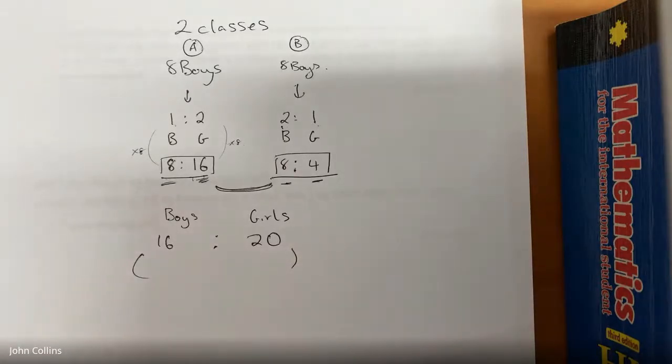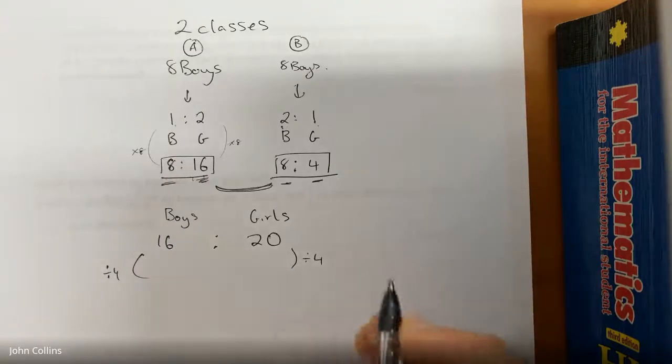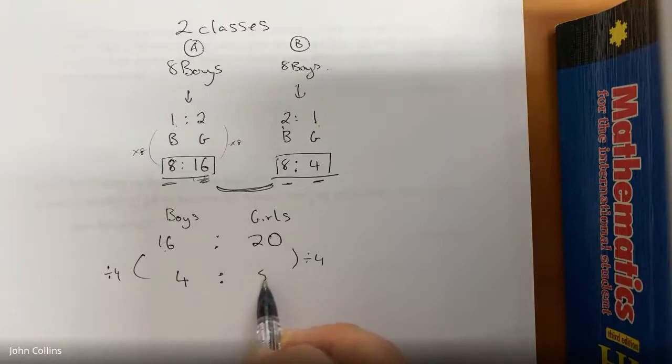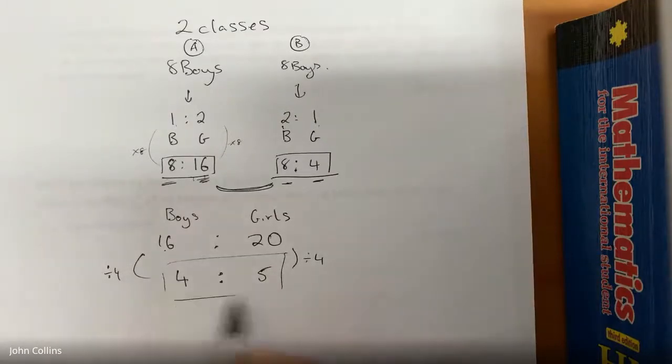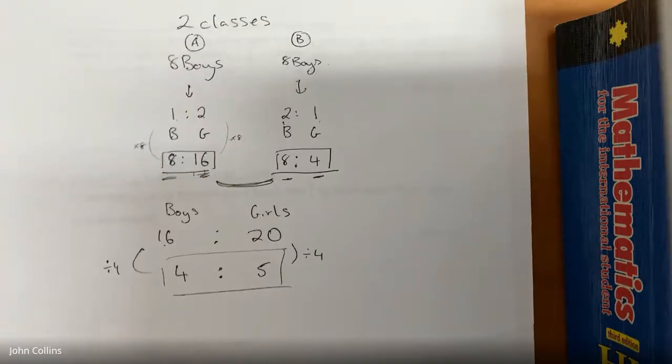Divide both sides by 4, or I could divide by 2 twice. 16 divided by 4 is 4. 20 divided by 4 is 5. So the ratio is 4 to 5. And that's one of the trickier questions for blue.